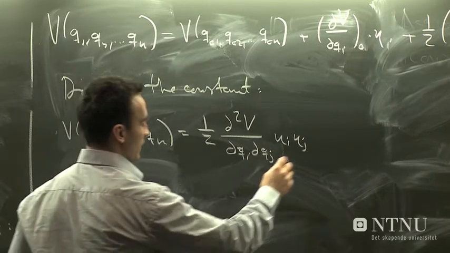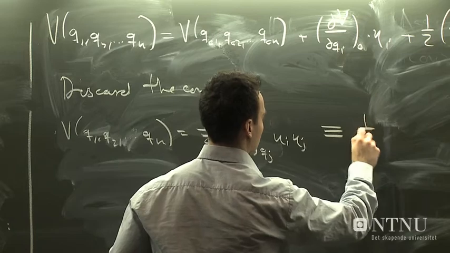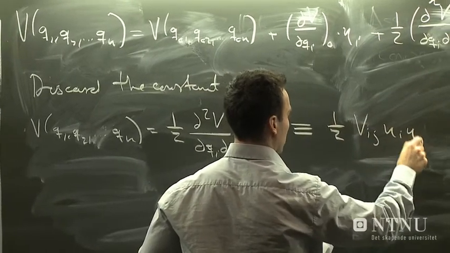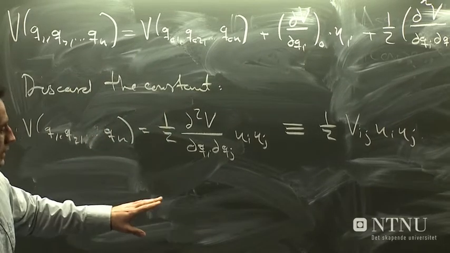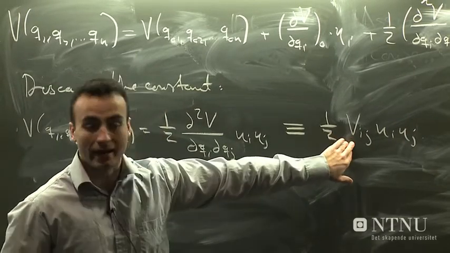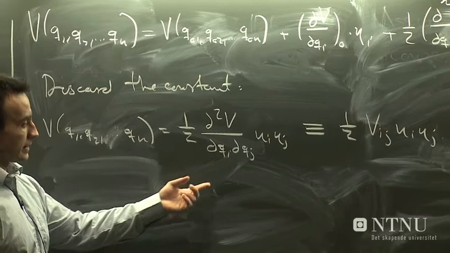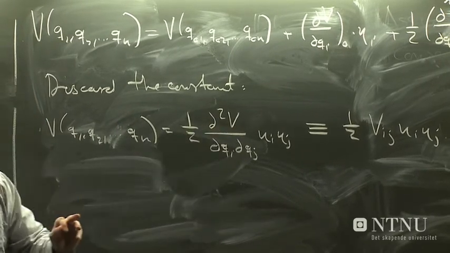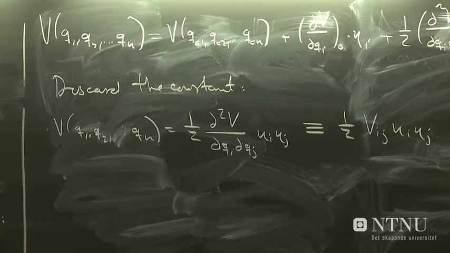And let me define this in the following way. This Vij quantity is now to be understood as the partial derivative of V with respect to the generalized coordinates qi and qj.